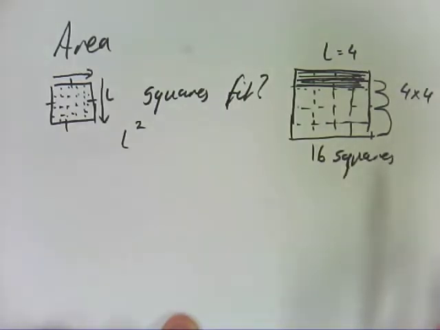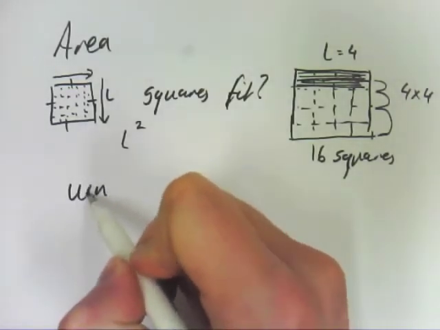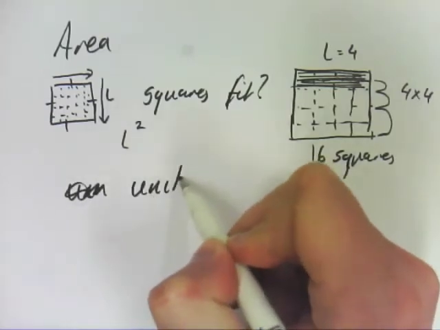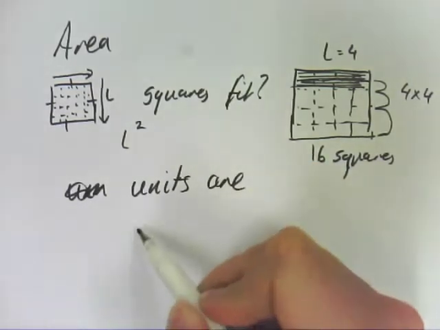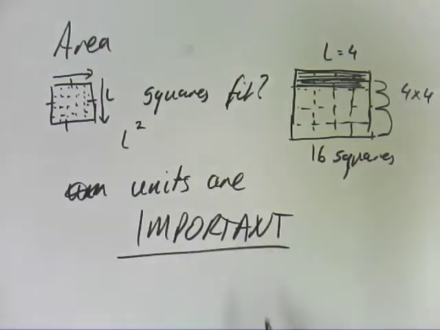Without a unit attached to it, that's all I can say. It's 16 squares. And that's something I should point out now: if you're given units, units are important.